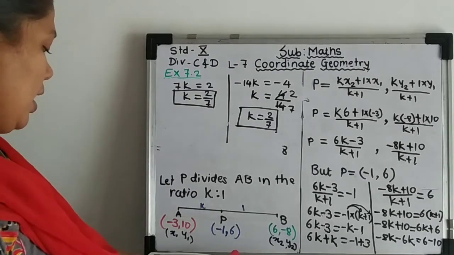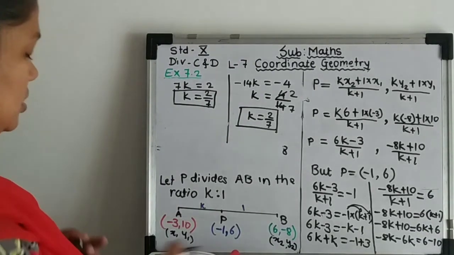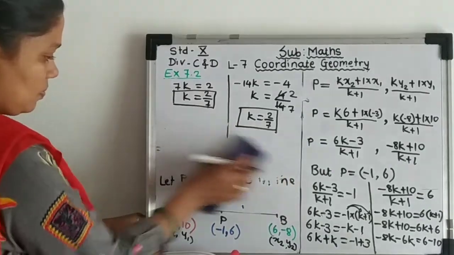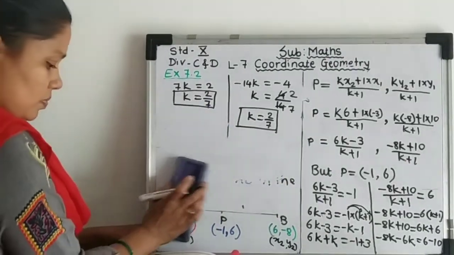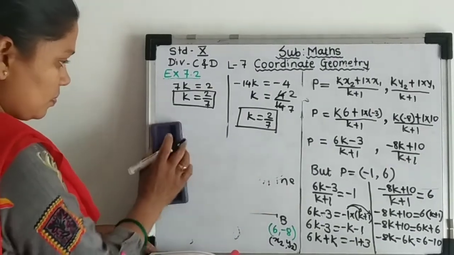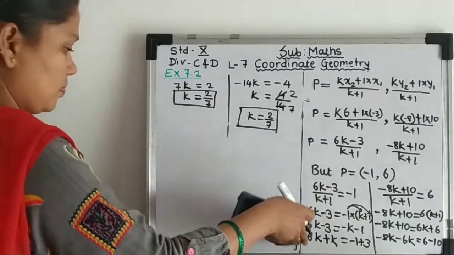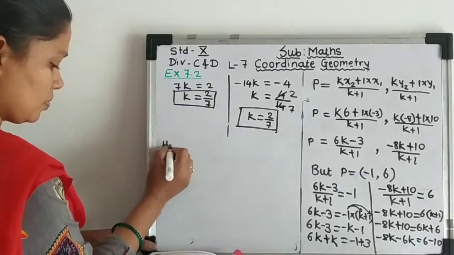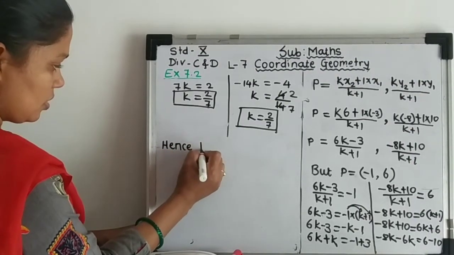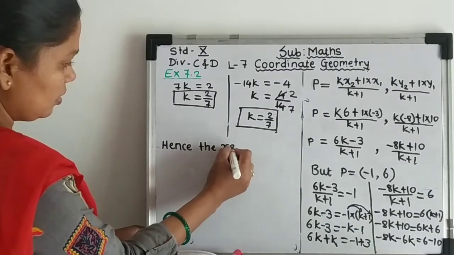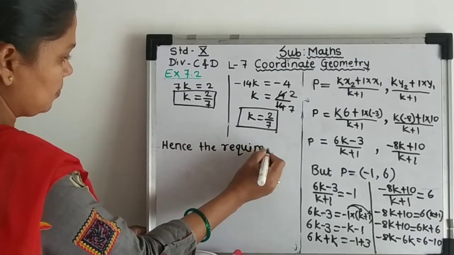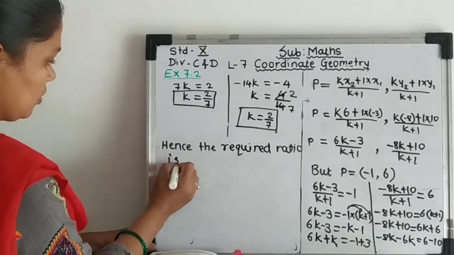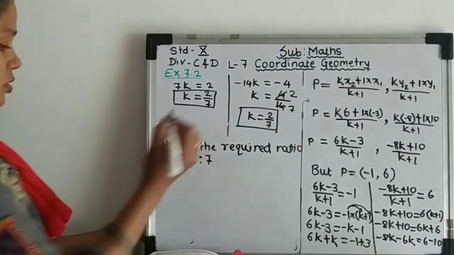So we will say hence the required ratio is 2:7.